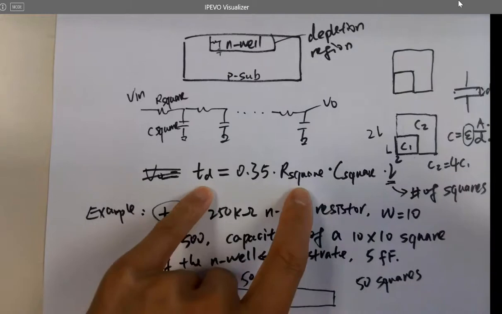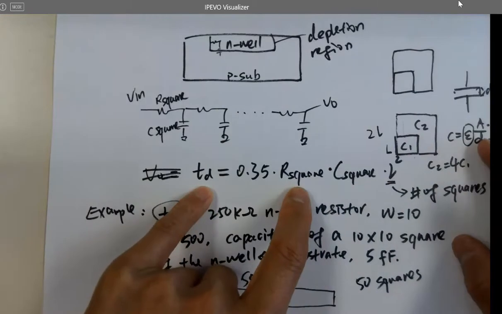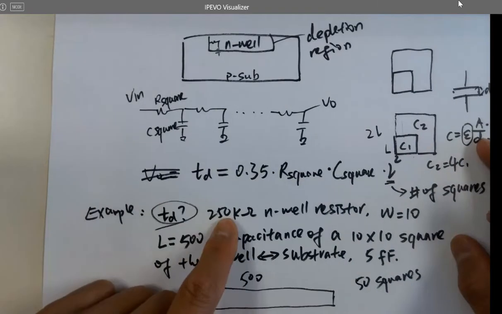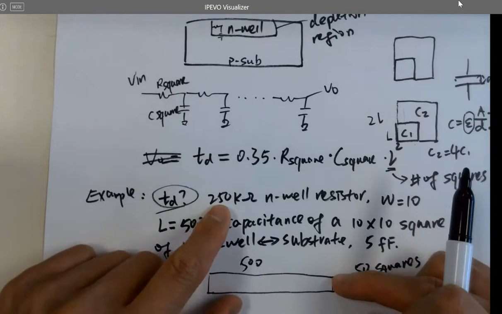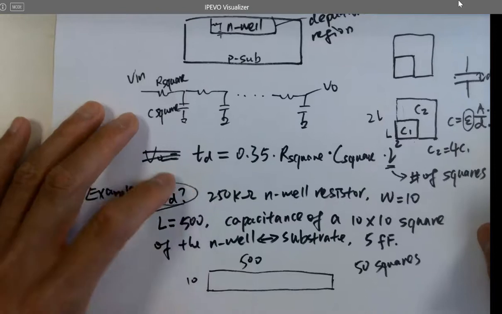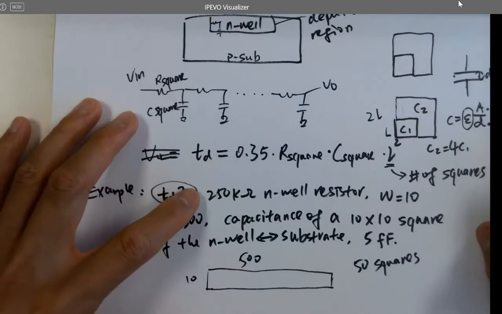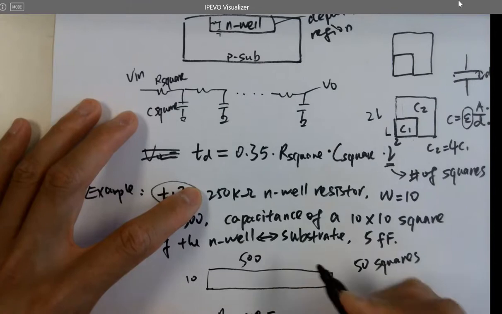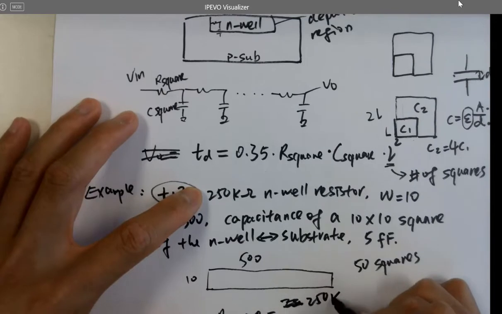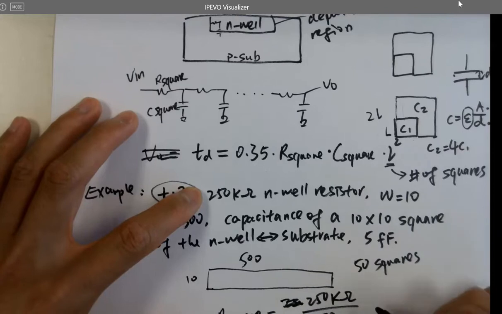So now let's see what are the parameters we have right now. So we have this, okay, that's the overall resistance. And you want to divide this one into how many squares? 50. So you can calculate the sheet resistance, right, or R square equals what? 250 K ohms over 50.